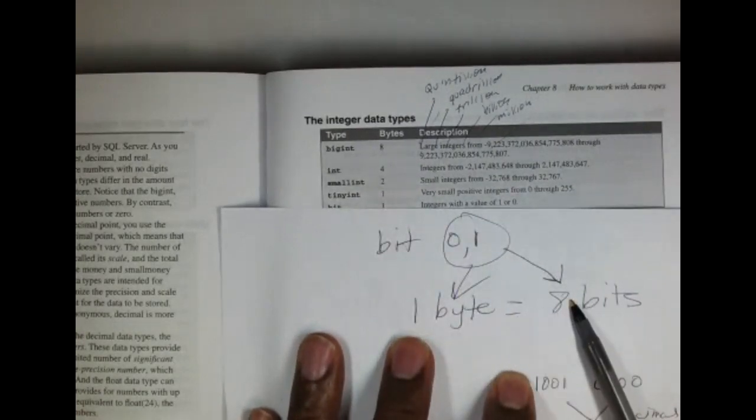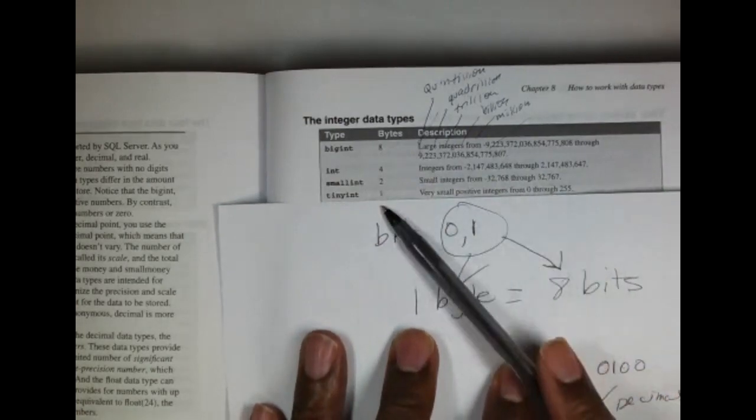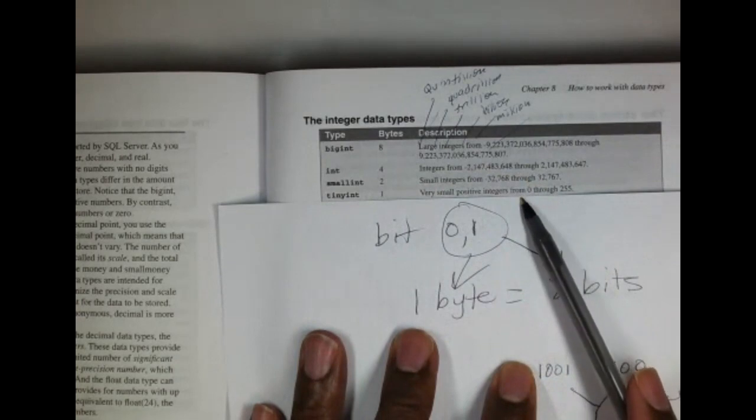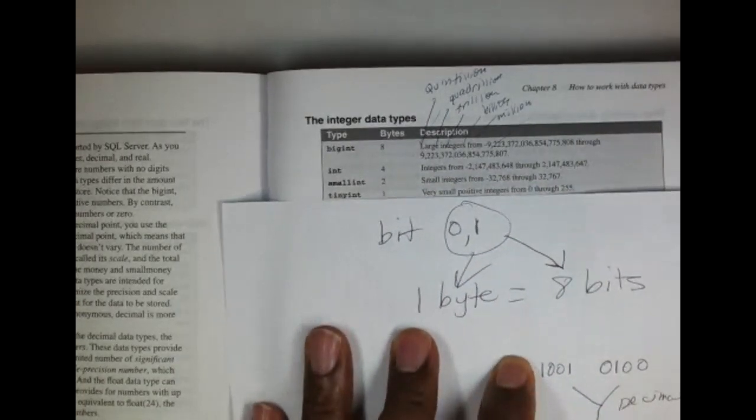We just turned on all 8 bits and we saw the equivalent of 255. So that's why a tiny int can hold numbers from 0 through 255. That's how it works behind the scenes.